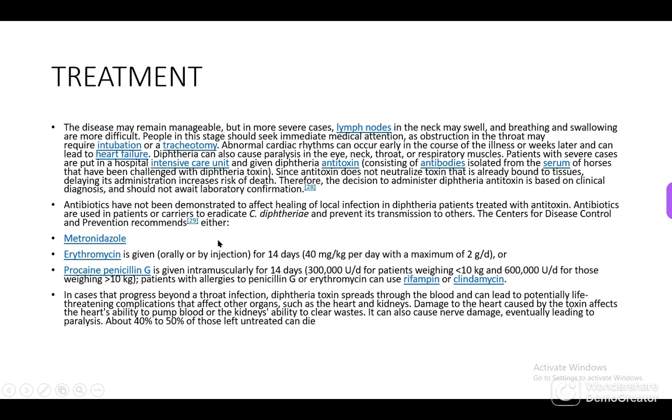Now, antibiotics have been demonstrated to affect it, because gram-positive bacteria are sensitive to the penicillin group, procaine penicillin or other penicillins. If the patient is allergic, then you give the macrolides: erythromycin, clarithromycin, now azithromycin.